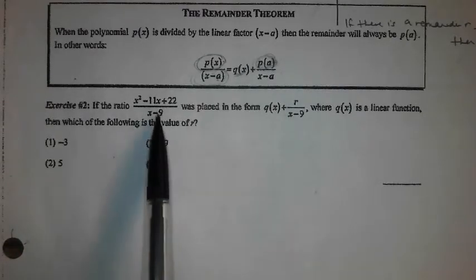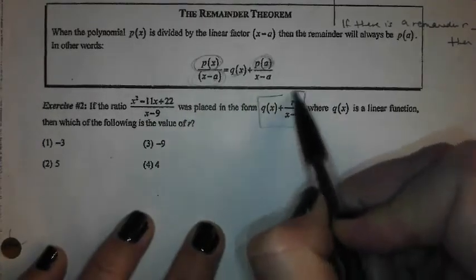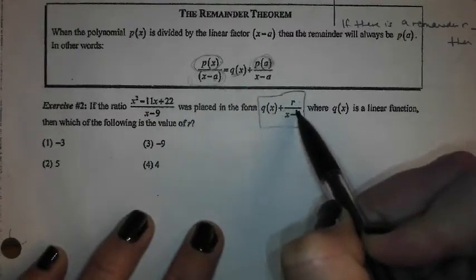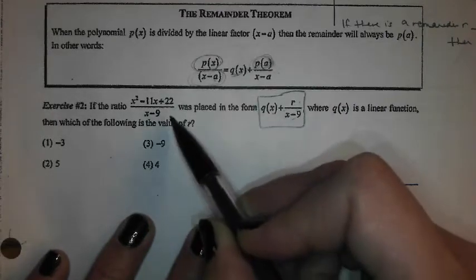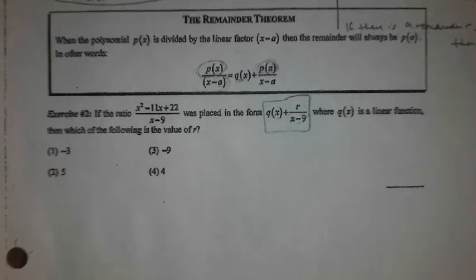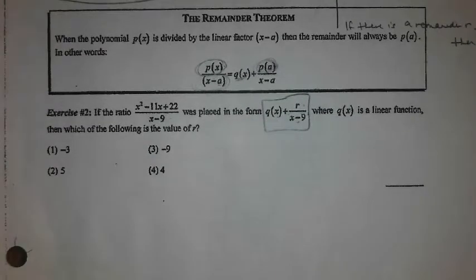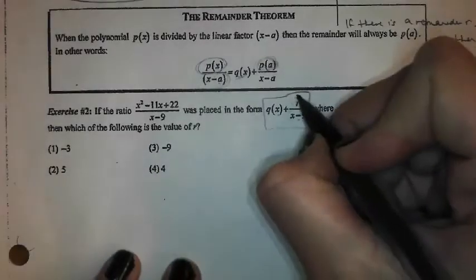So here we have a ratio. If it was placed in this form, which is the quotient plus the remainder over x minus 9, that's because we're dividing by x minus 9. If we were to do the long division, where q of x is a linear function, so we get a linear answer, then which of the following is the value of r?